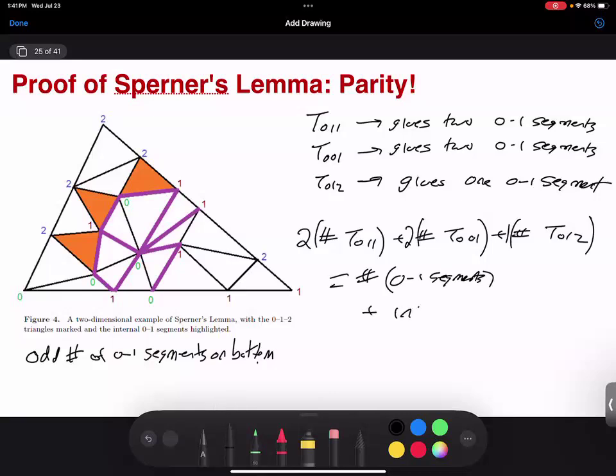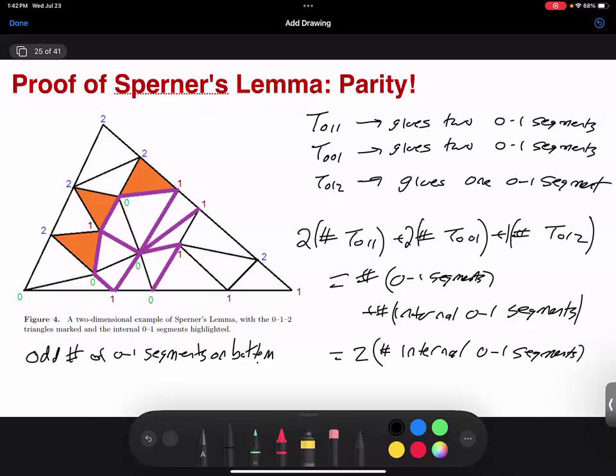Plus the number of internal 0-1 segments. Right? Another way of looking at this is equal to twice the number of internal 0-1 segments plus what? External.